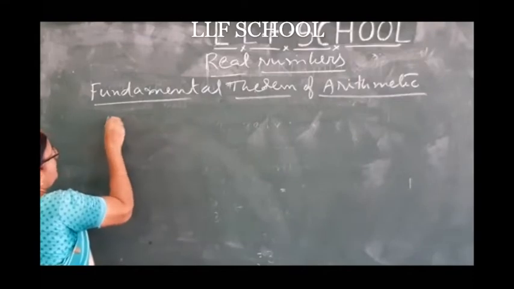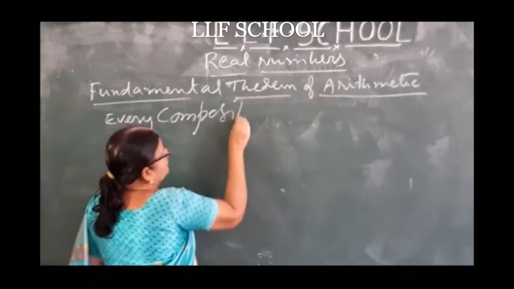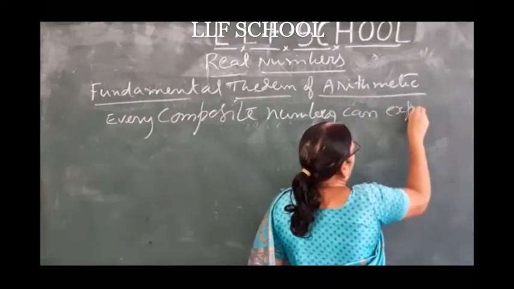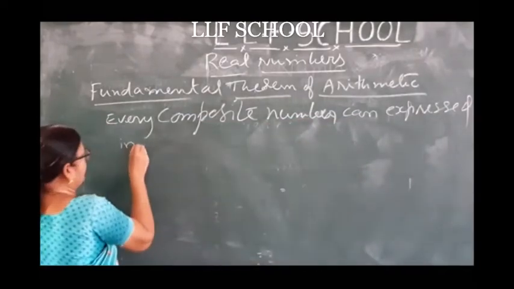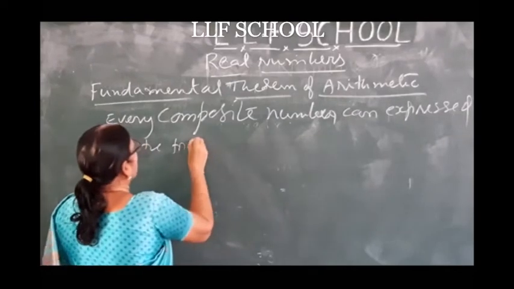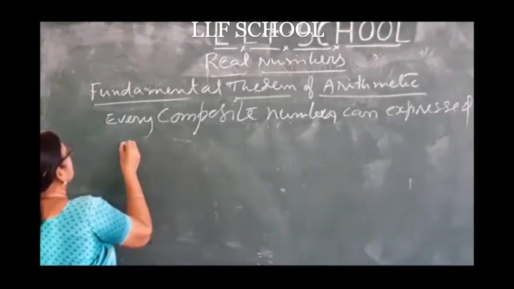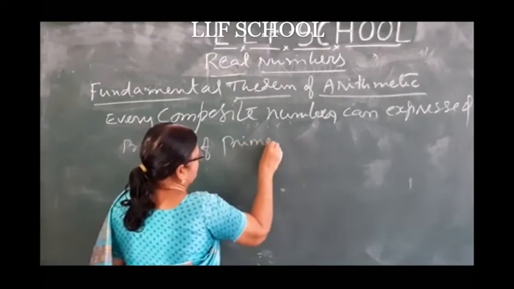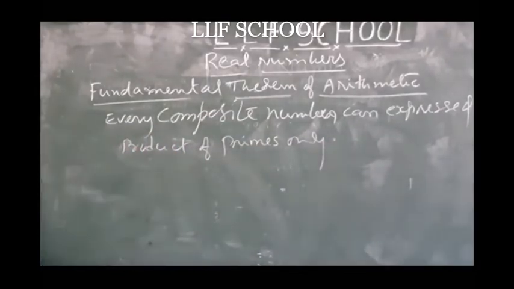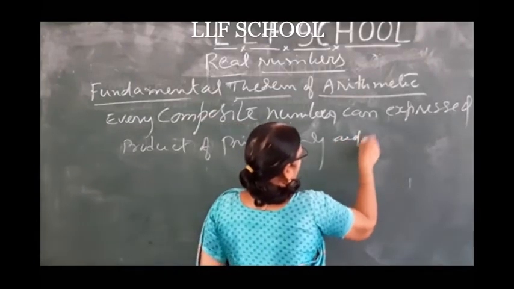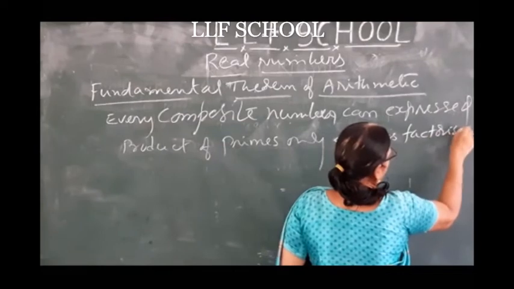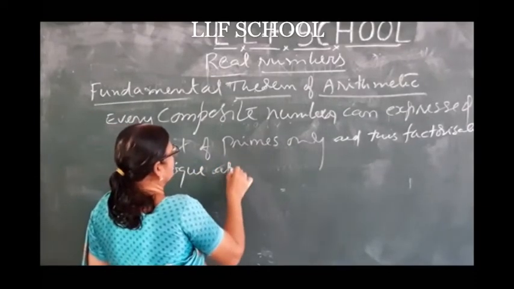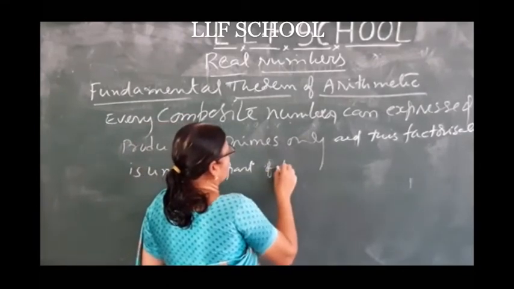Example, listen. Every composite number can be written as a product of primes only, and this factorization is unique, apart from the order of primes.